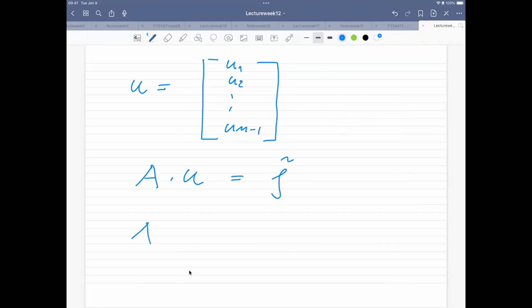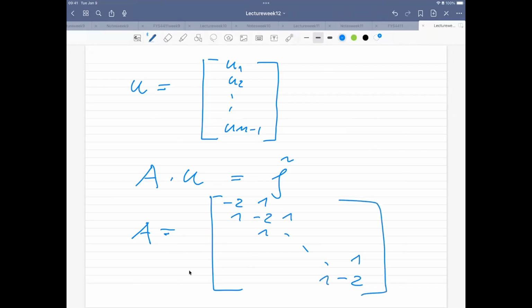And the matrix A is given by -2 on the diagonal and 1 above and below the diagonal. So this is a tridiagonal matrix. And the algorithm which is used is called the Thomas algorithm. It's actually another instance of what we normally call a lower and upper decomposition of a matrix.